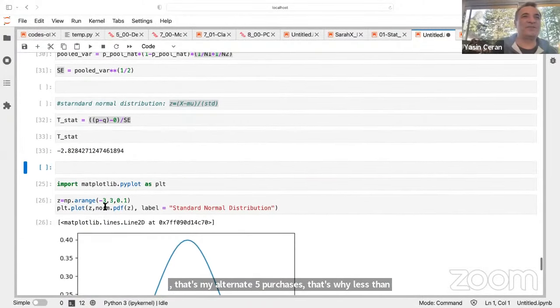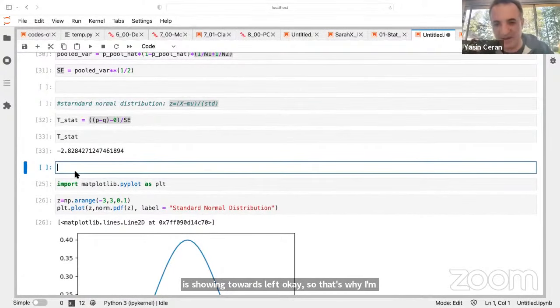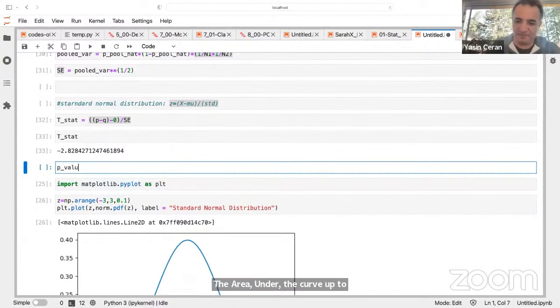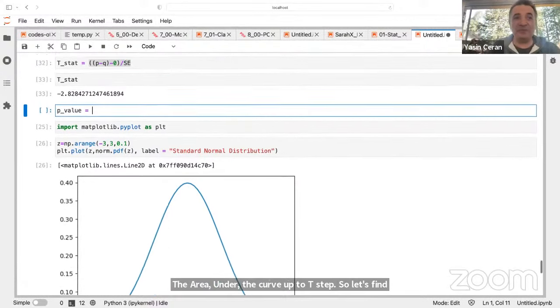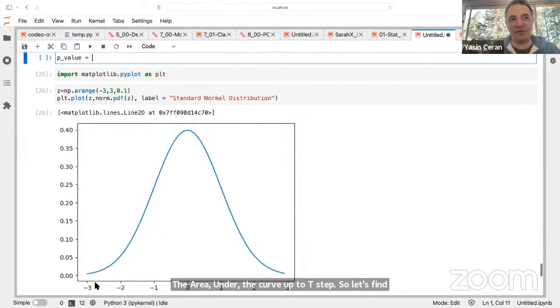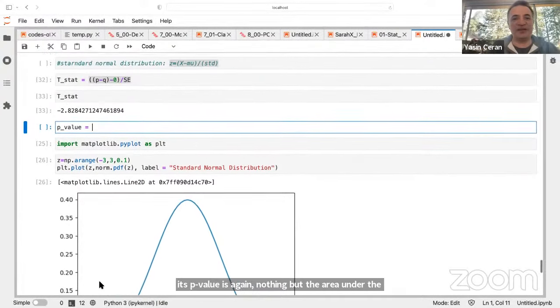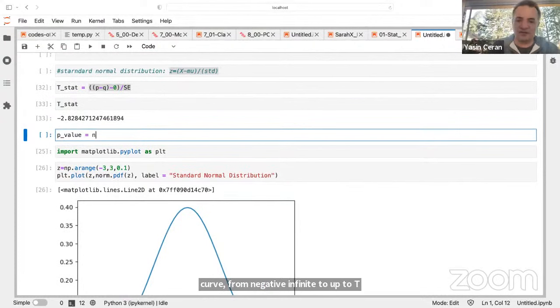Okay, so it's time for us to find the area under the curve up to T-stat. The p-value is, again, nothing but the area under the curve from negative infinity up to T-stat. It is nothing but the normal distribution's cumulative distribution function value.